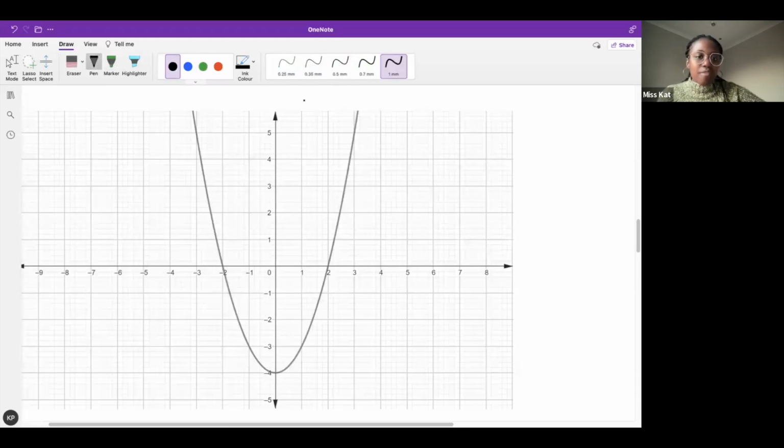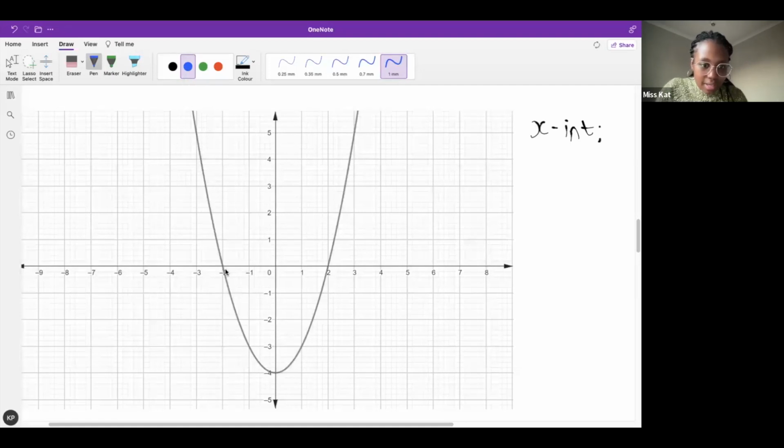Why do I say this graph has two x-intercepts, guys? What are x-intercepts? Let's start there. If we remember what x-intercepts are, we'll know why I'm saying there's two in this specific graph. Oh, Sia has told us one of them. I say there are two x-intercepts because the graph cuts the x-axis twice.